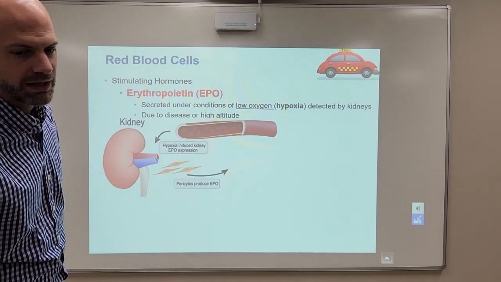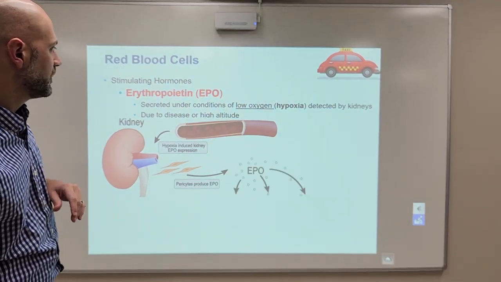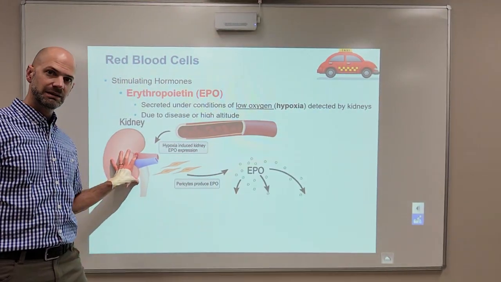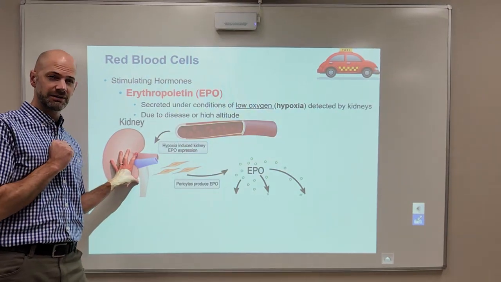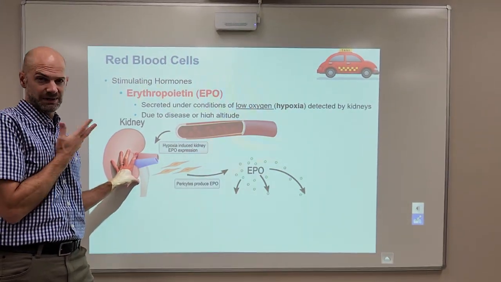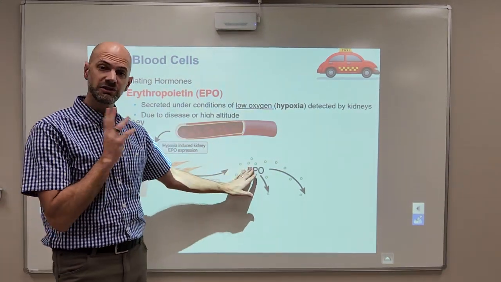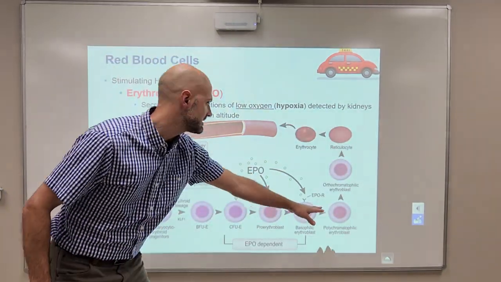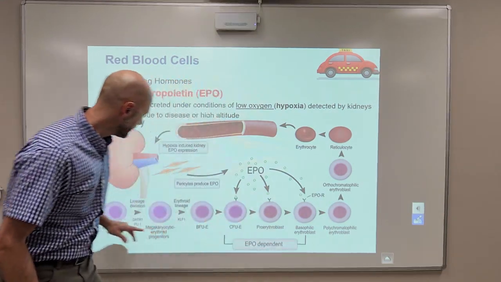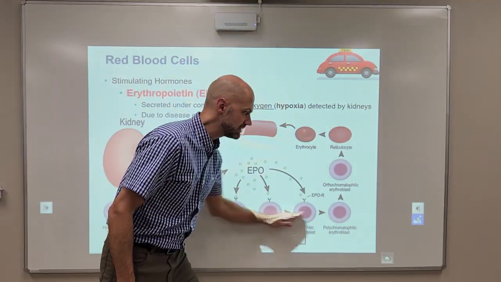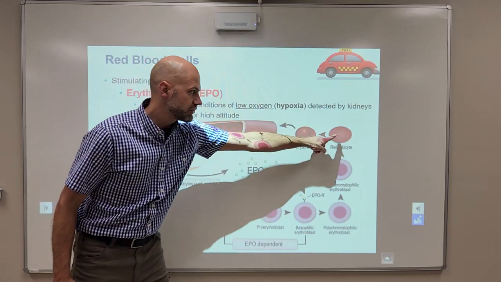So in the process, it's sensing for oxygen levels. And if it's deficient in oxygen, well then the kidney is a secondary endocrine organ, has a gland that can secrete erythropoietin. What does erythropoietin do? We just looked at it. It stimulates this pathway of differentiating the stem cells into the mature red blood cells.